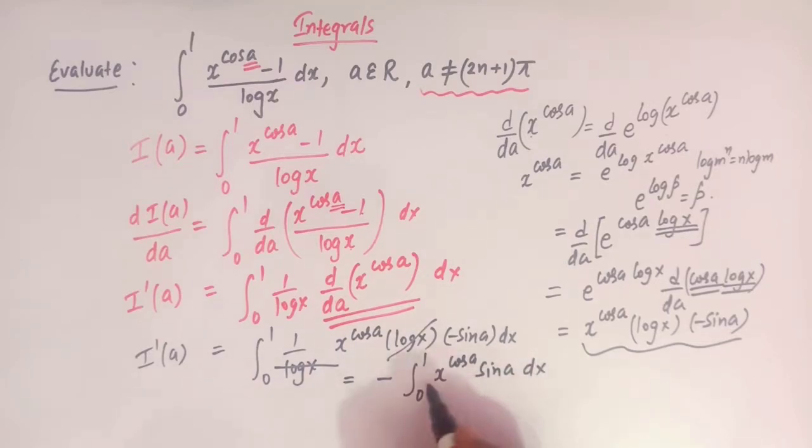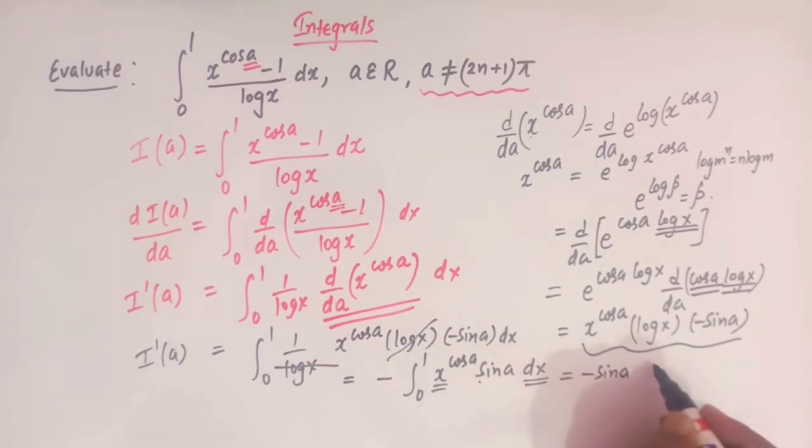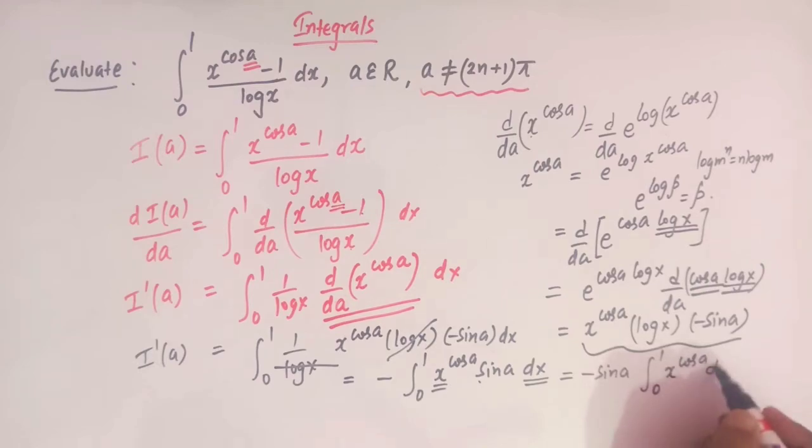If we closely examine this integral, we see that the function is of x, so sine a is treated as a constant and we can take it outside the integral sign. So we have minus sine a times the integral from 0 to 1 of x raised to cos of a dx.